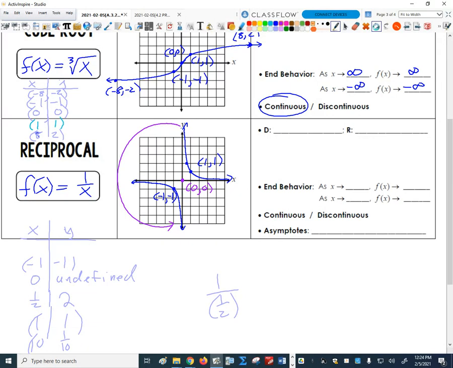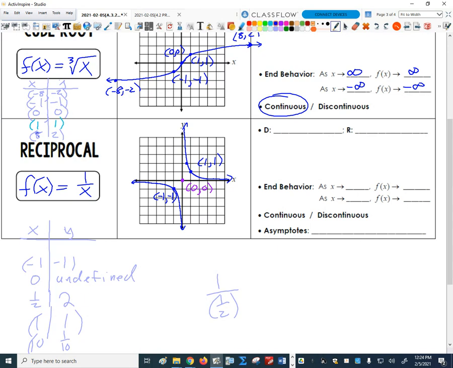Okay, we need some other ways to describe this, though, because there's lots of strange stuff going on here. Well, let's start with the domain and the range. Okay, what's the domain of this thing? Well, are there any x values missing? Any x values that the ant could never stand on? Yeah, 0, right?